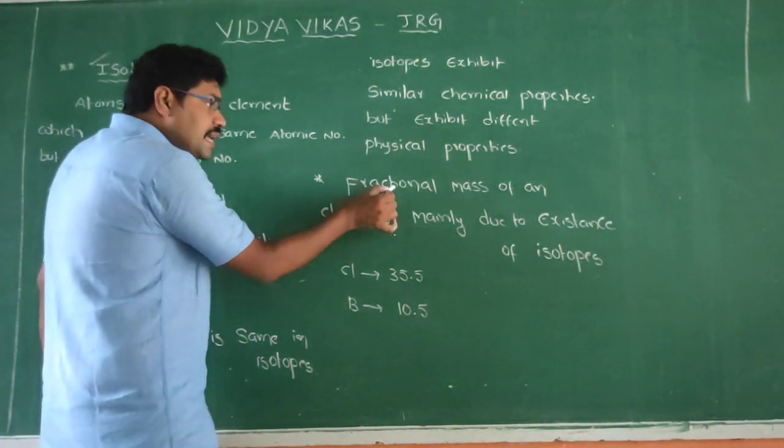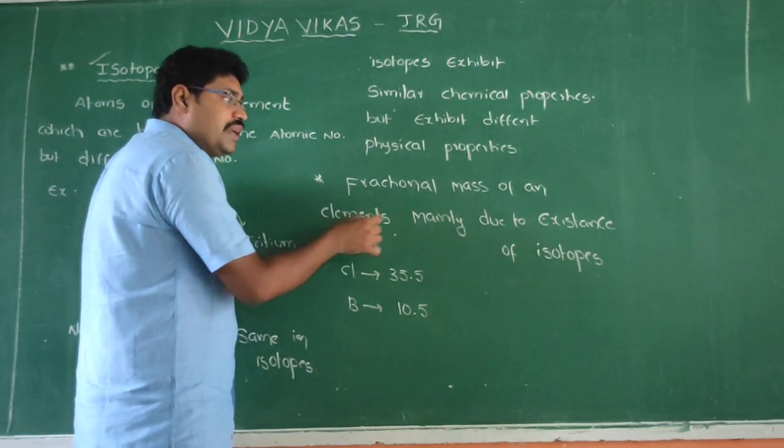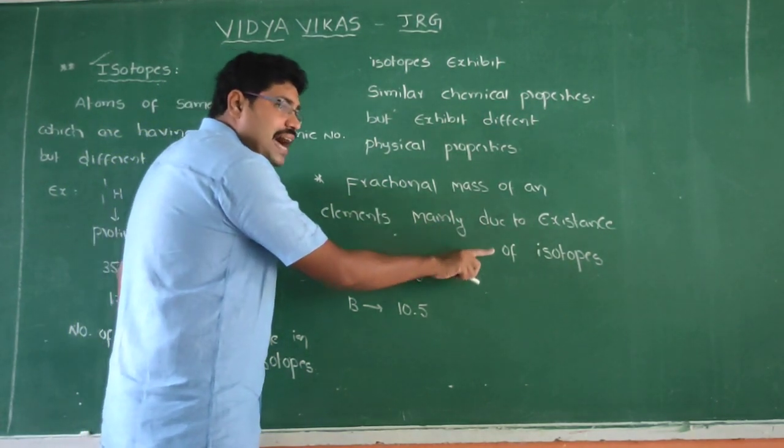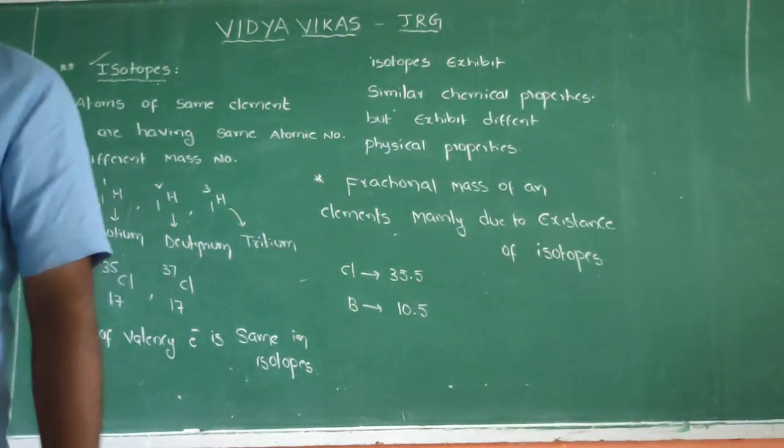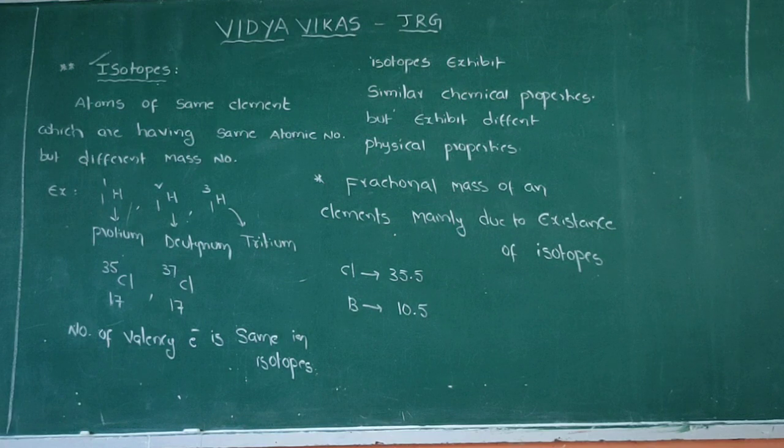So the fractional mass of an element is mainly due to the existence of isotopes. This is the basic introduction to what isotopes are.